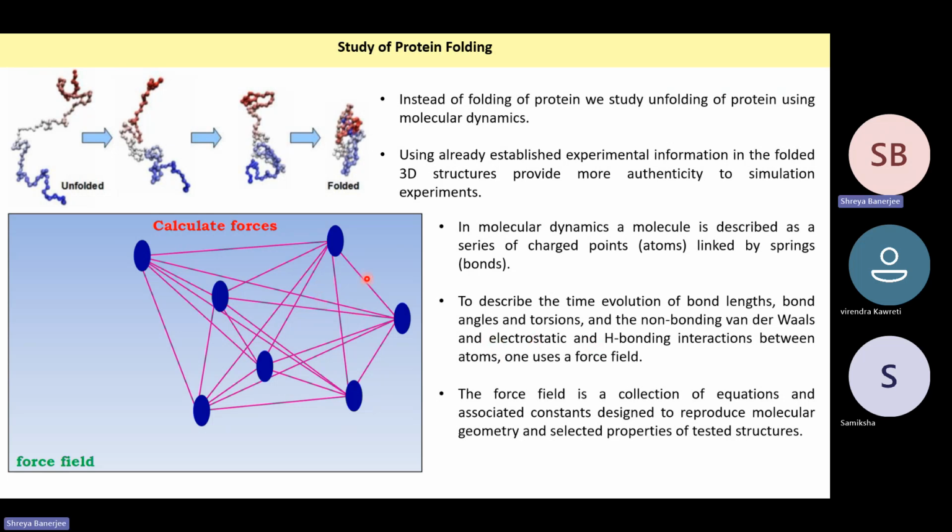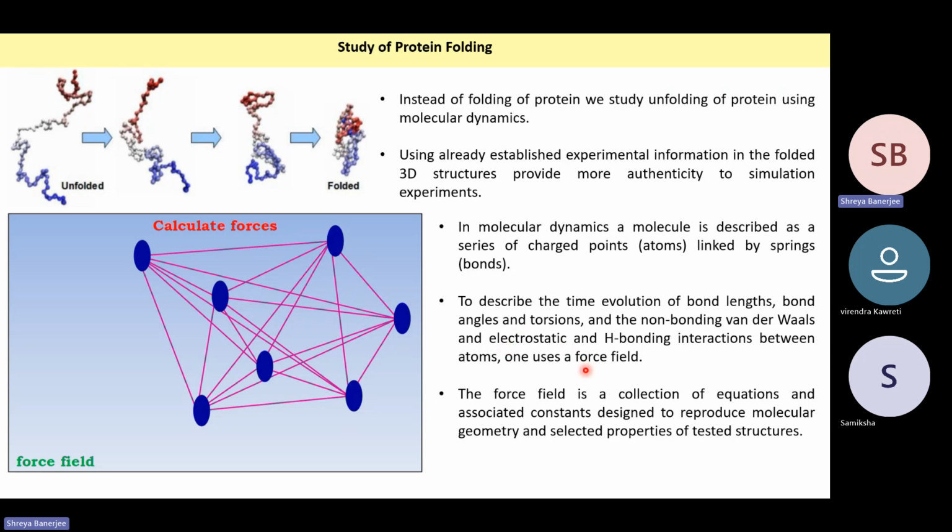Suppose while the protein is moving, two atoms are coming closer together, then that interaction energy will be greater. Or suppose they are going too far away, then the energy will be less. So as the protein moves, position also changes and these energies also change.